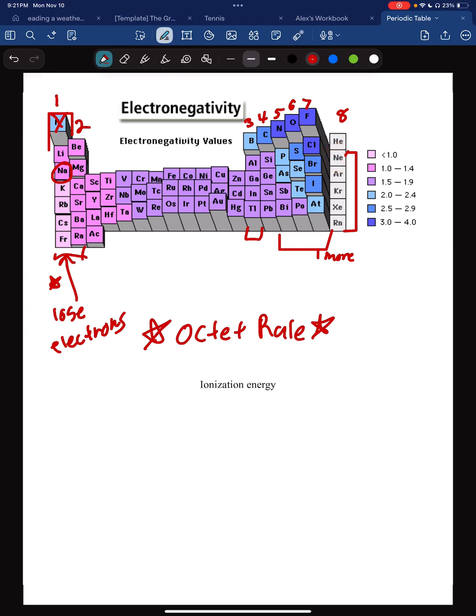Neon is element number 10, so that means it has 8 valence electrons on the outermost orbital and is stable and happy.